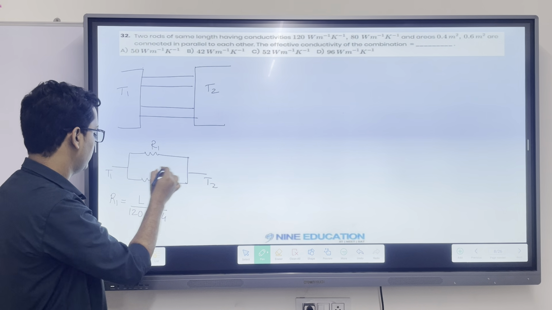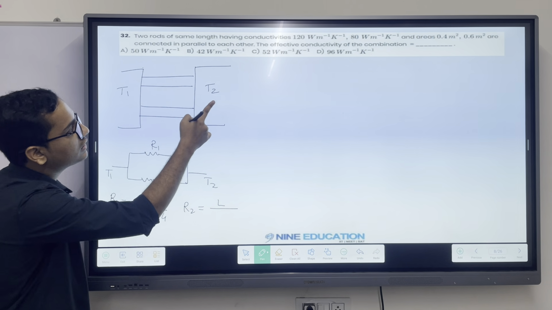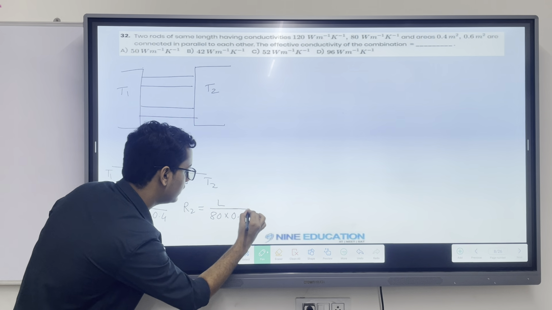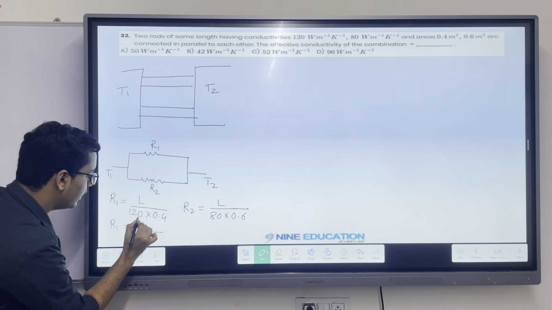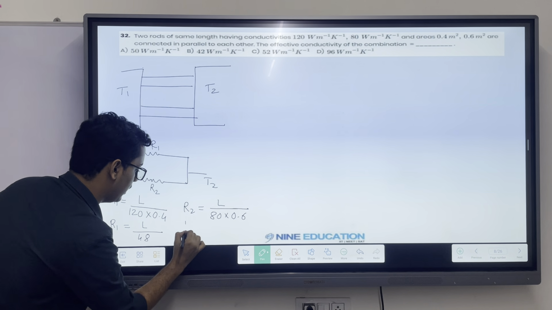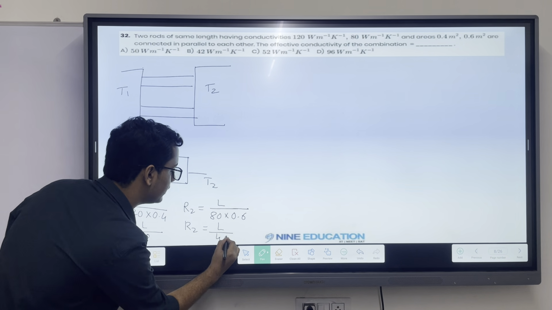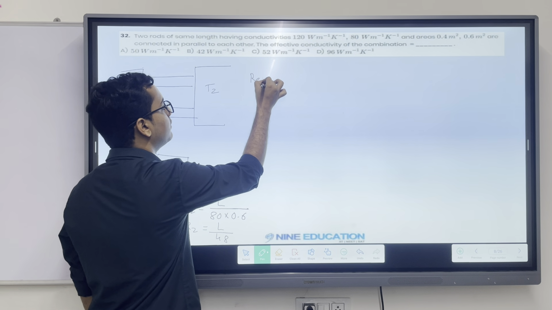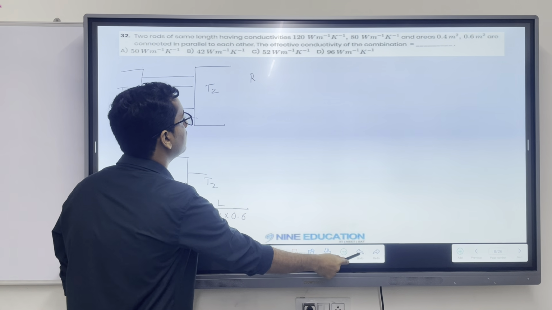The second one, R2, I can write it as again same length divided by what is the thermal conductivity? 80 and area is 0.6. So I got this as R1 is equal to L over 48 and R2 is L over again 48. Right?